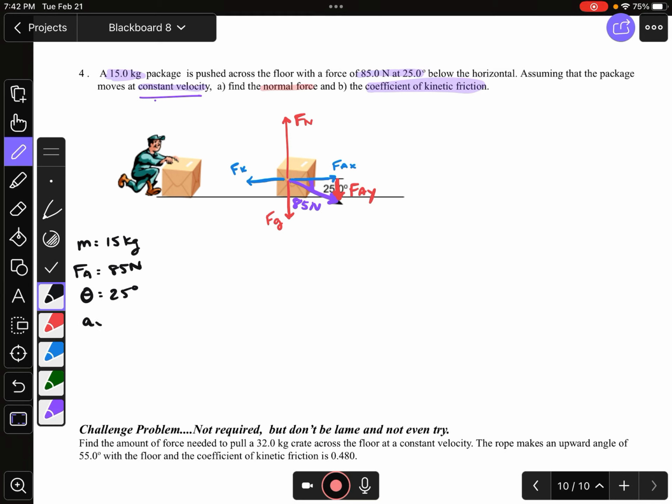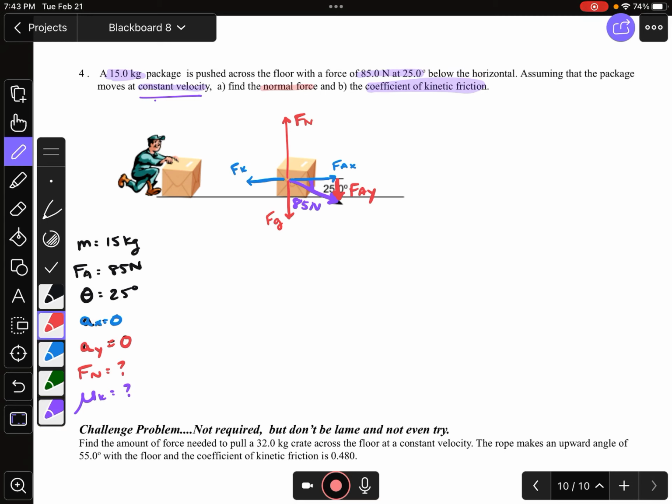That tells us the acceleration in the X direction and the acceleration in the Y direction is 0. It wants us to find the normal force and the coefficient of friction. All right.